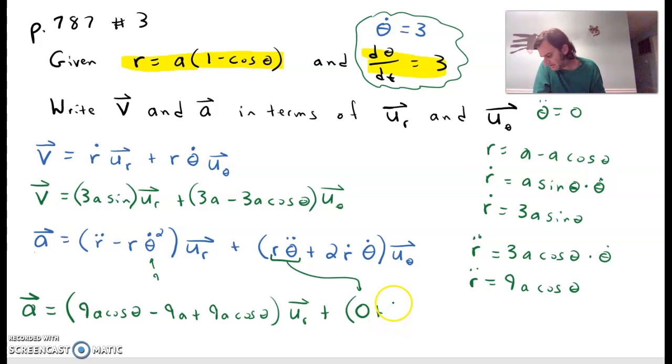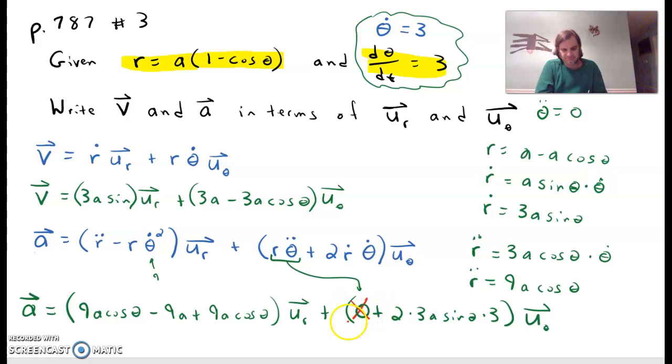And then plus, is that supposed to be 2? Yep, 2 r prime times 3a sine theta times theta prime there. I only have so much time to make a video and I'm running out of it, so that's why I'm trying to rush here. But take a look at this. This 0 here can go away because we don't need it. If you clean this up, you should get the answer that we want. Thank you.